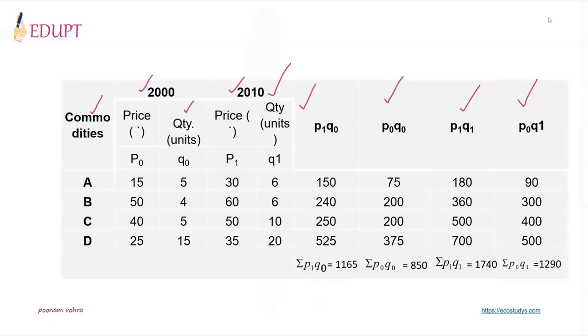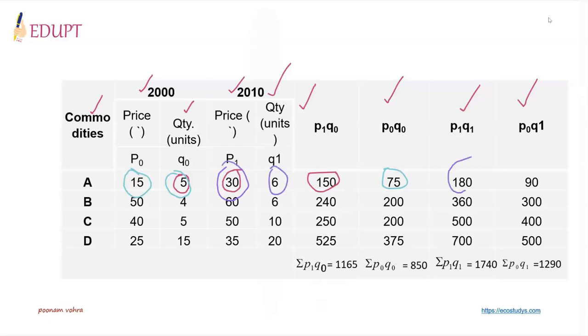So let us first find P1 Q0. P1 is 30 and Q0 is 5. So you get 150. Next is P0 Q0. P0 is 15. Q0 is 5. So you get 75. Then third one is P1 Q1. P1 is 30. Q1 is 6.